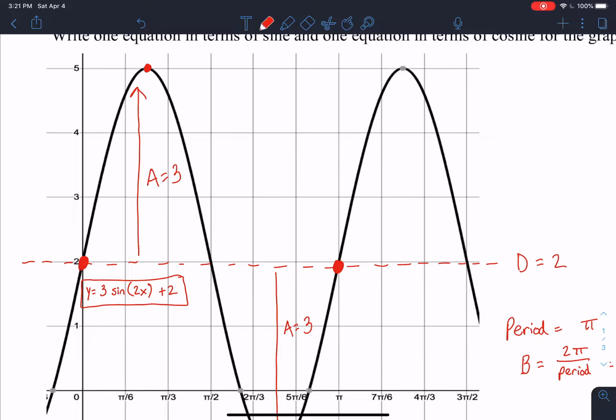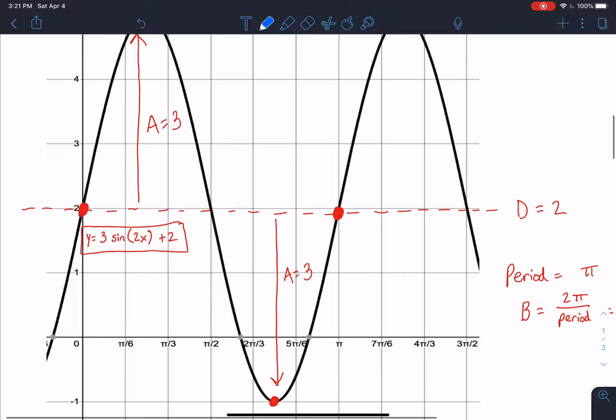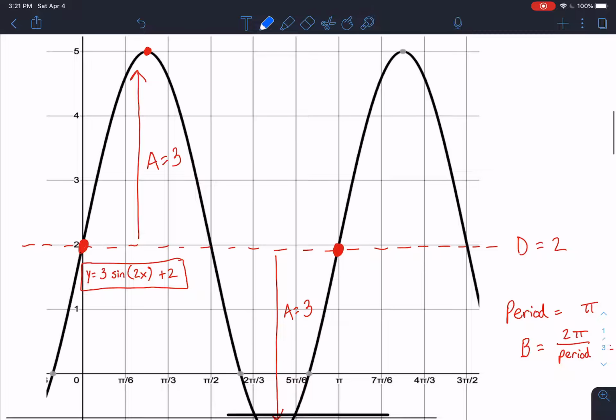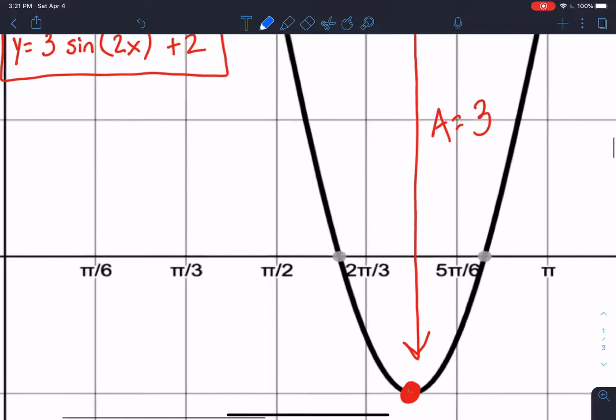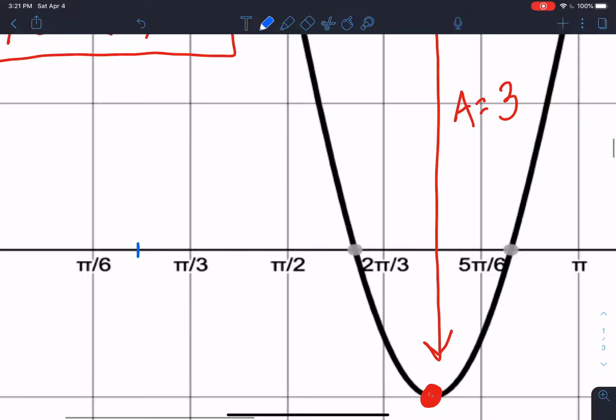Now, if you want to jump over to the next one, the high point, since I'm starting at a high point, this has to be cosine. The nice thing about writing the equation is that everything is going to stay the same except your horizontal shifts. It looks like the x value is right in between pi over 6 and pi over 3.